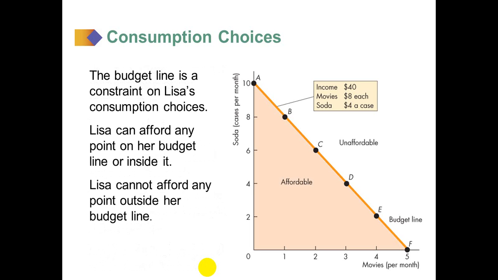Any point on the budget line, Lisa can buy, and any point below the budget line is an affordable unit. Any point above the budget line is unaffordable. So Lisa can't buy any points above the budget line.